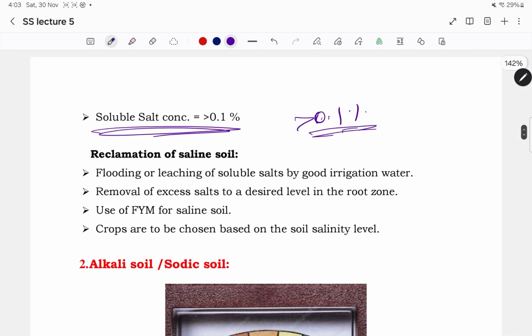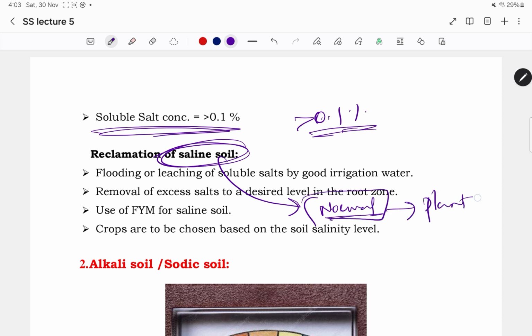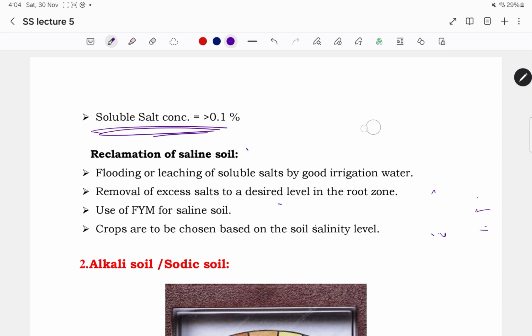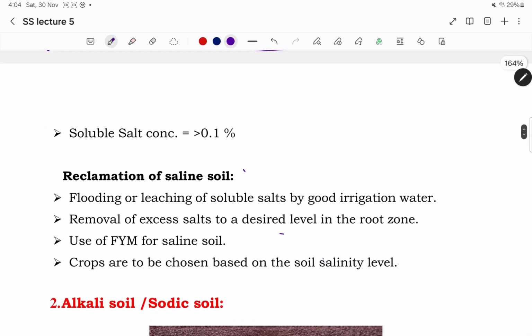How can we reclaim these soils? How can we reclaim, in the sense how can we make these saline soils into normal soils which are conducive for plant growth? How can we reclaim? See here, one of the best ways to reclaim the saline soil is leaching.